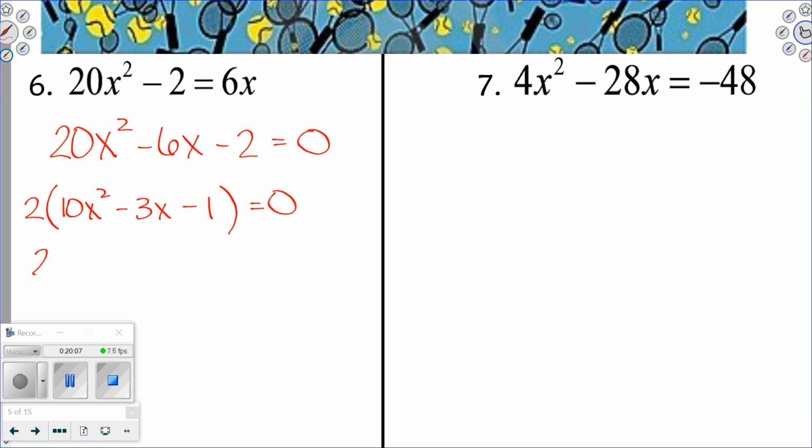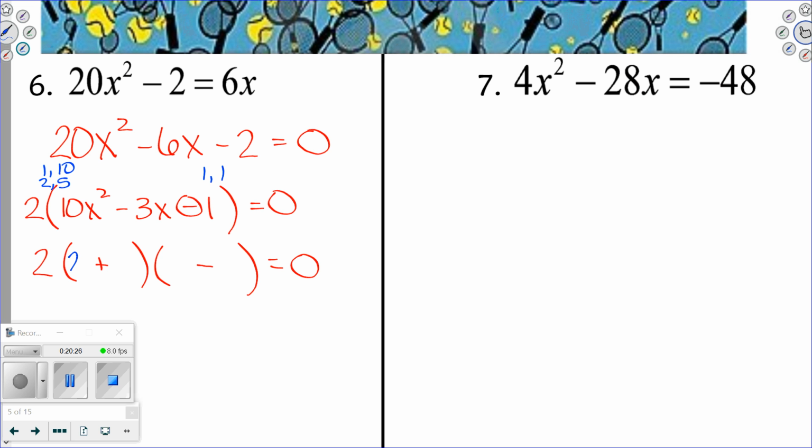All right, factoring further, setting up my parentheses. My last one is negative, which means 1's a plus, 1's a minus. Options here are going to be 1 and 10 or 2 and 5. And this is just going to be 1 and 1.